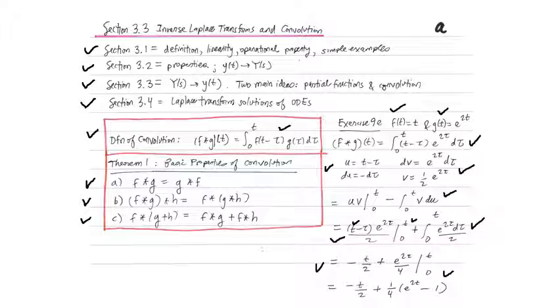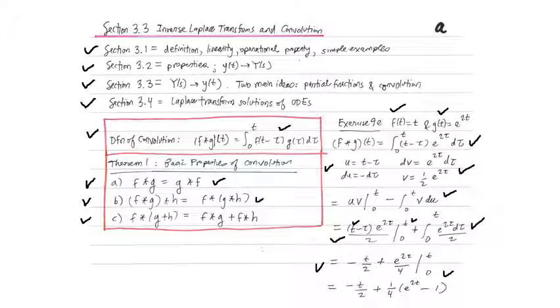The basic idea with these properties is that a convolution in some ways behaves like a kind of multiplication. Now, we're not saying it is multiplication, but it kind of behaves like multiplication in some ways. So property A tells us that convolution is commutative, just like multiplication is commutative.